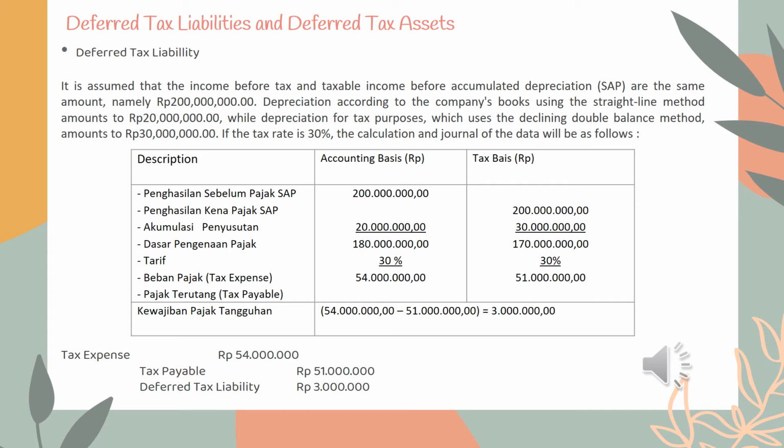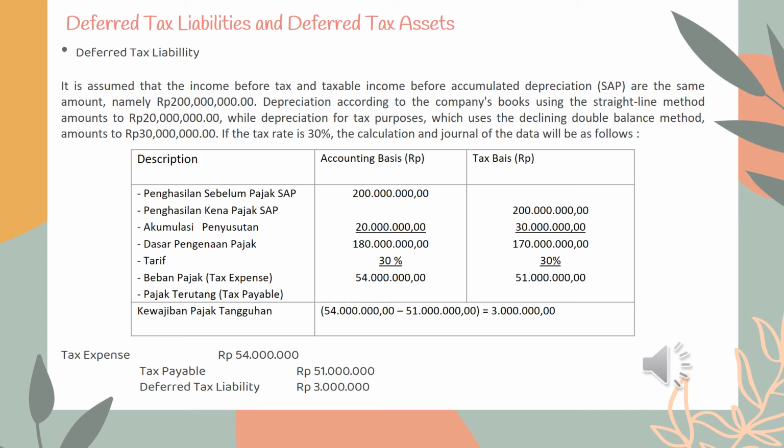You can see in the table, penghasilan sebelum pajak in book value is 200 million rupiah. The tax basis is none. And then penghasilan kena pajak, in the tax basis column, is 200 million rupiah.